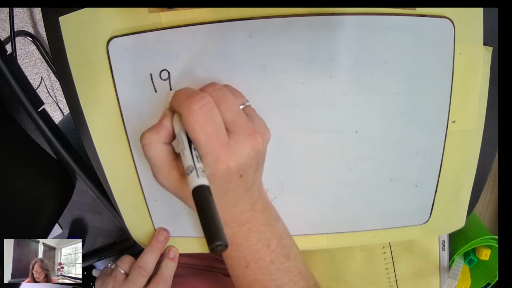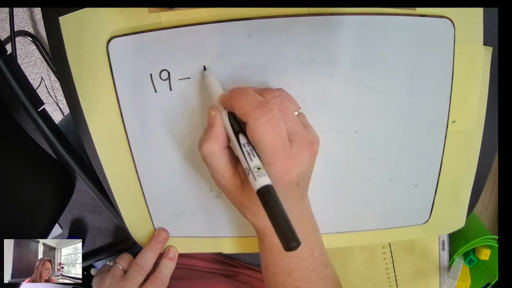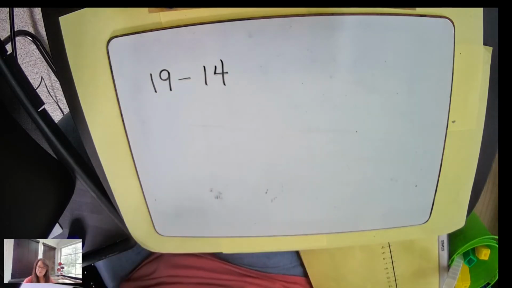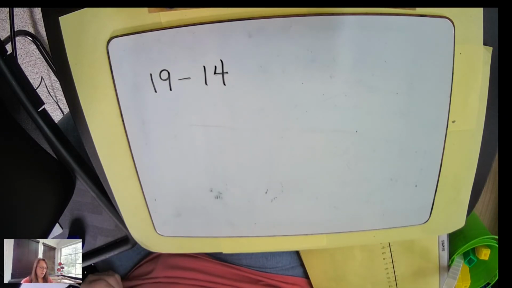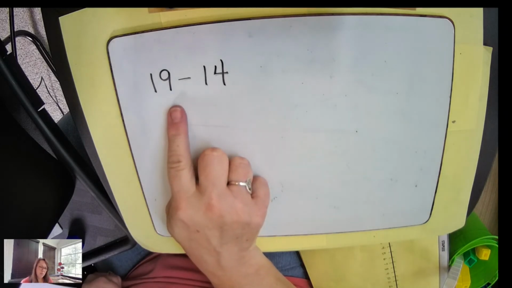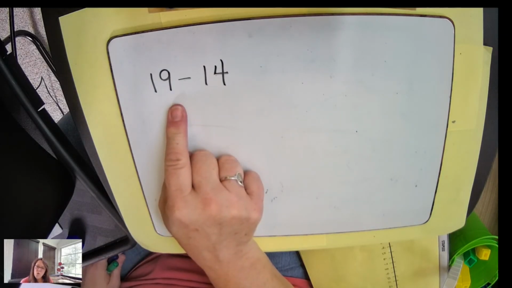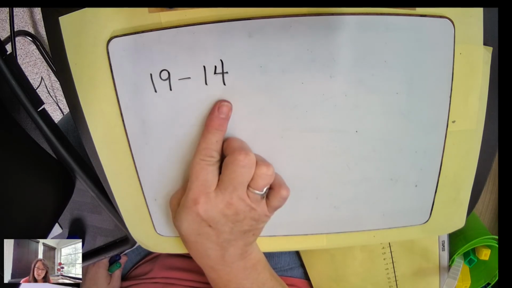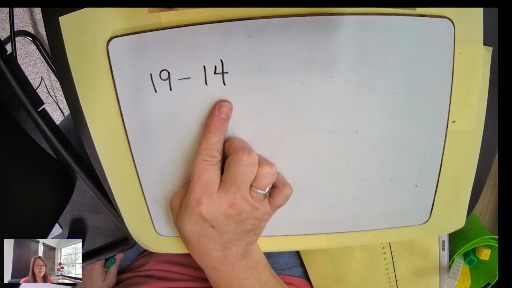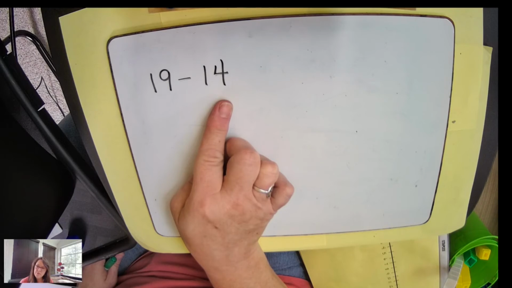The next problem is 19 minus 14. Now, when you're thinking about this problem, is there a way to adjust each of these numbers quickly and easily to make it a friendlier problem?